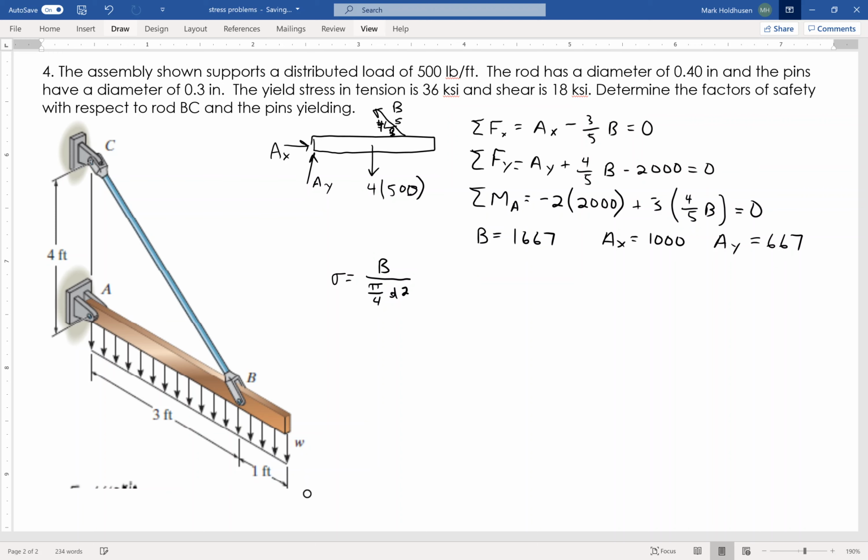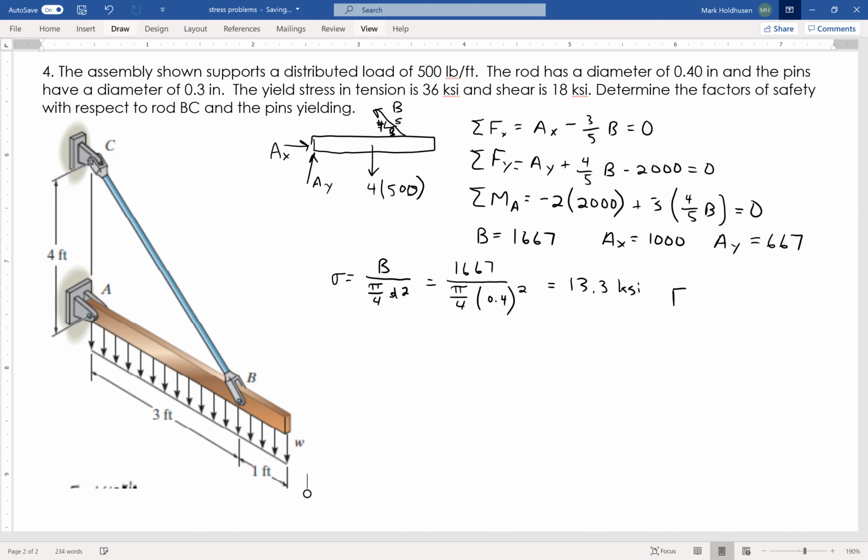So from that, B is 1667 divided by pi over 4 times the diameter of that rod, which is 0.4 inches squared. So this is all pounds and inches. What I get is 13.3 ksi on this guy.